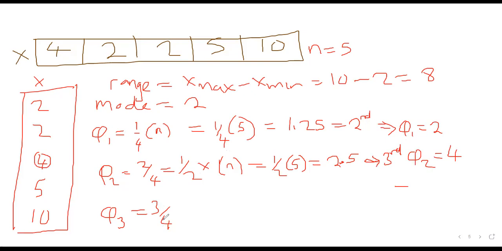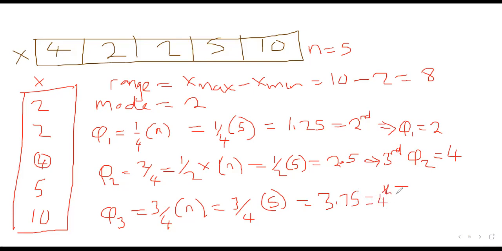Then the third one is 3/4 of what? N. And our n is 5. 3/4 of 5. What do we get? We're going to get 3.75. So since it has a decimal, you round up to the fourth number.